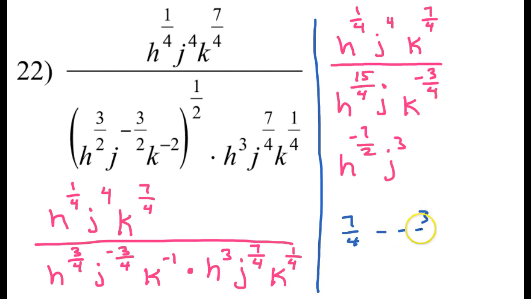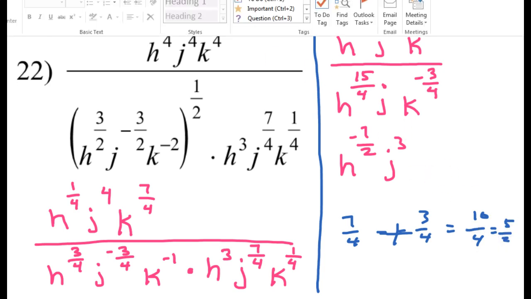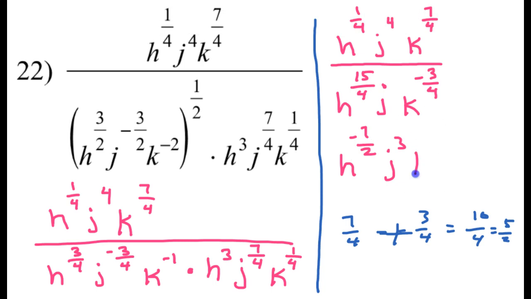Do you see the double negative happening here? The top minus a negative. When you do minus a negative, it is addition. So this is really going to be 10 fourths, which reduces down to 5 halves. Okay, so this will be k to the 5 over 2 power.